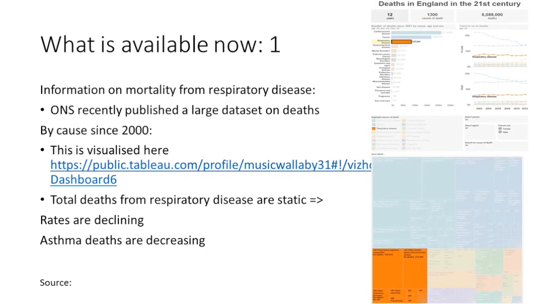And basically the number of deaths from respiratory disease hasn't really gone down over the last 13 or so years, as opposed to cardiovascular disease, and cancer is about the same. So it still remains an important cause of death.